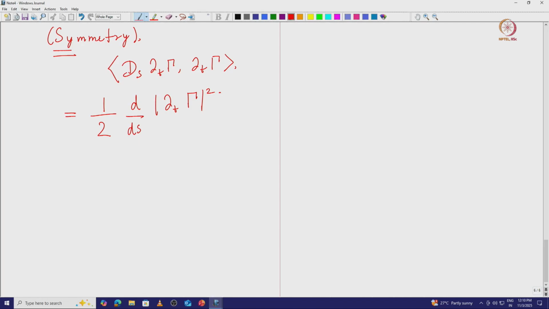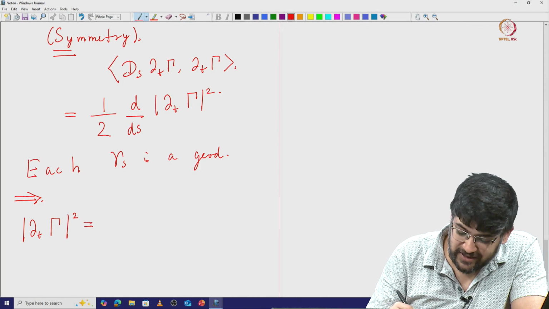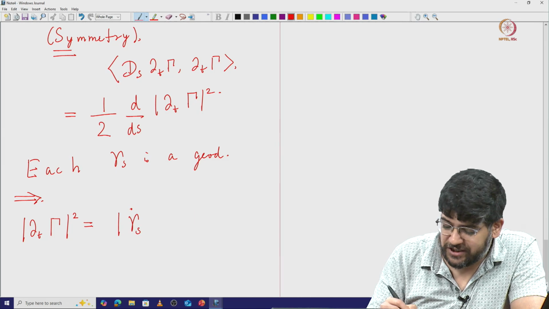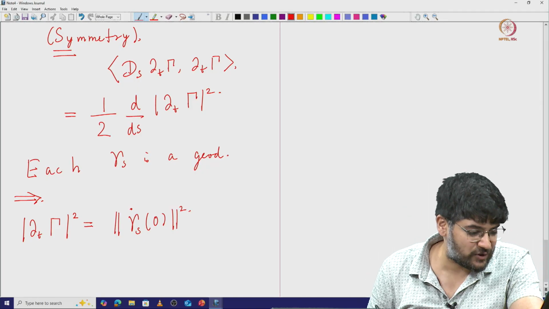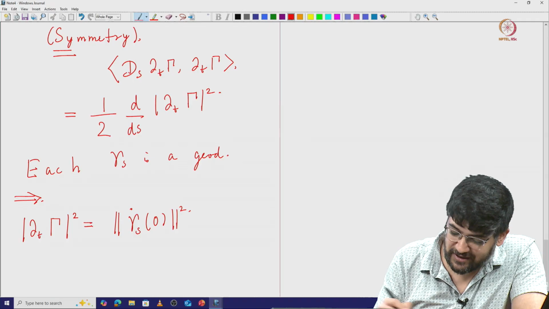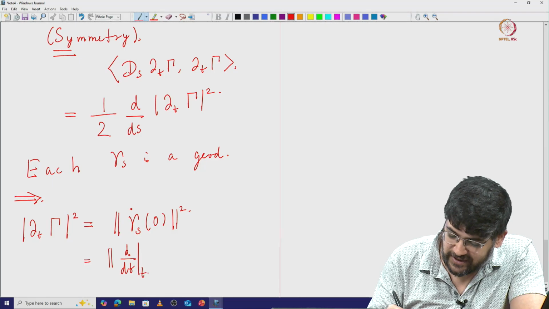Now again, each gamma s is a geodesic, which means that del t gamma squared is basically just equal to the norm squared of the initial velocity vector. But what is gamma s dot of 0? This is just d by dt at t equals 0.